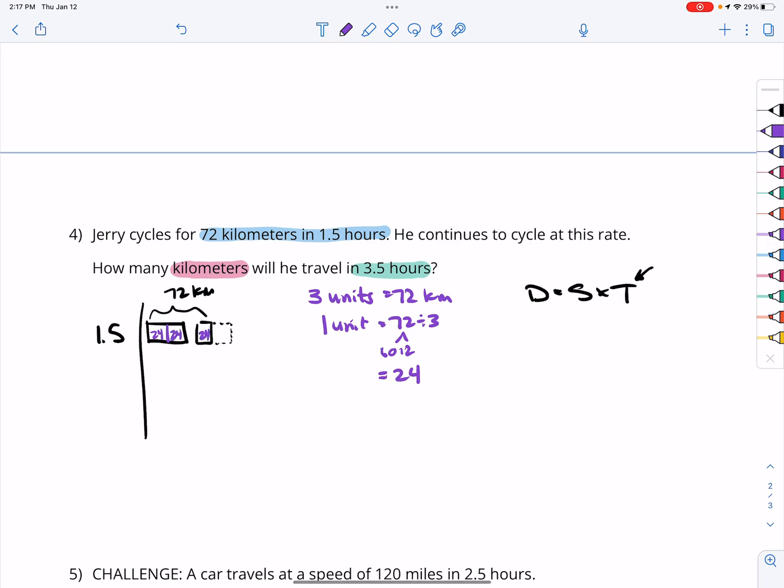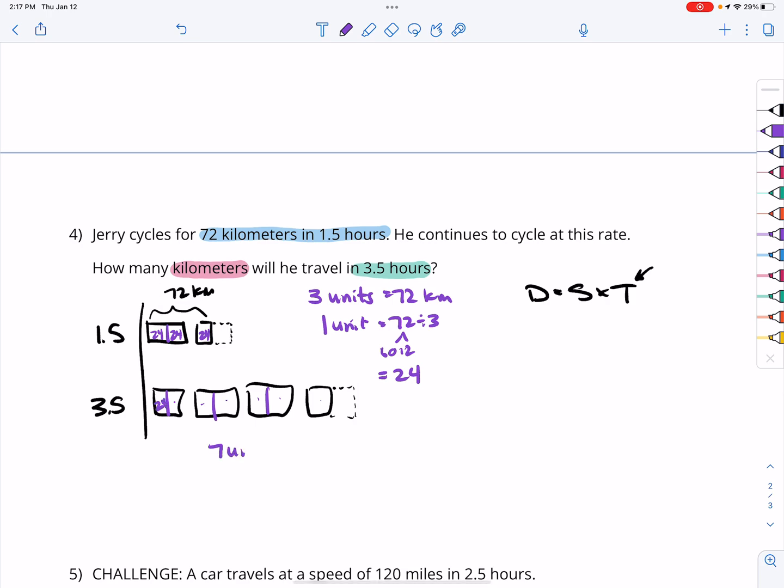So that's helpful, because now if I think about, I need 3.5. So if I do 1, 2, 3 and a half, now I can chop that up. So this 3.5 is really 1, 2, 3, 4, 5, 6, 7. And each one of those is 24 kilometers.